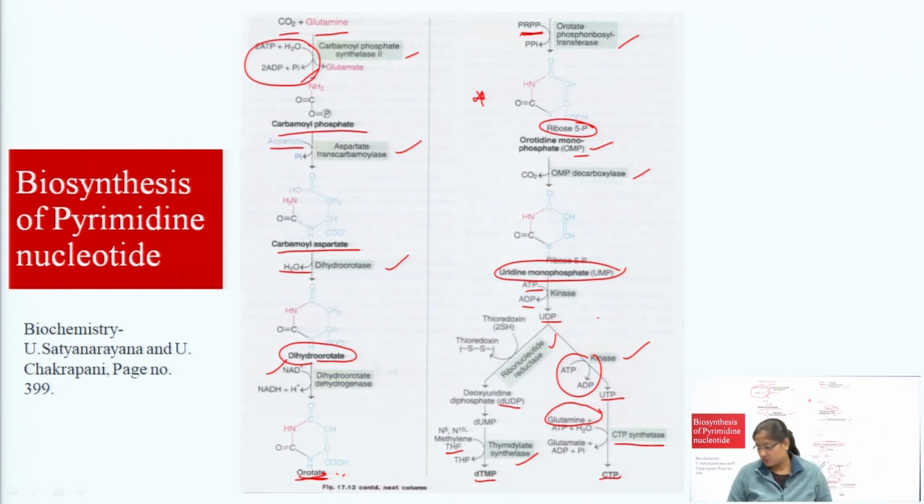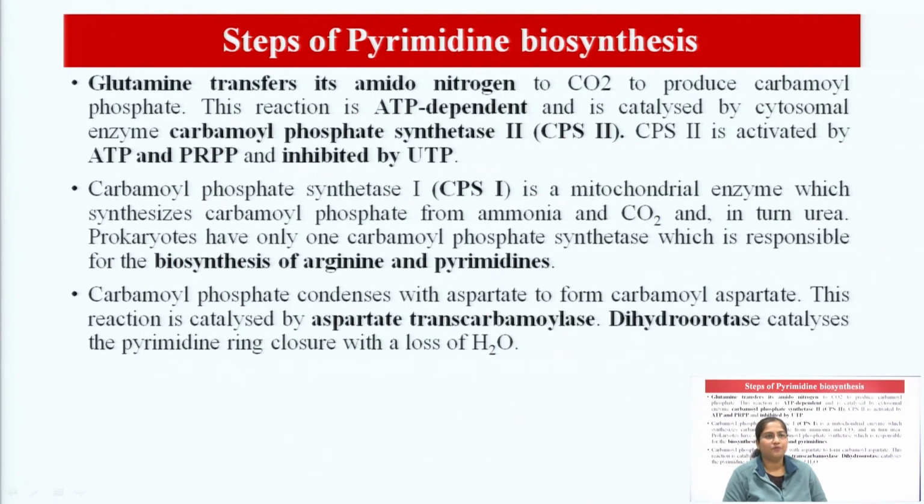Let us revise this once more with the steps. Glutamine first of all transfers its amido nitrogen to carbon dioxide to produce carbamoyl phosphate. That means in the first step there is a production of carbamoyl phosphate.